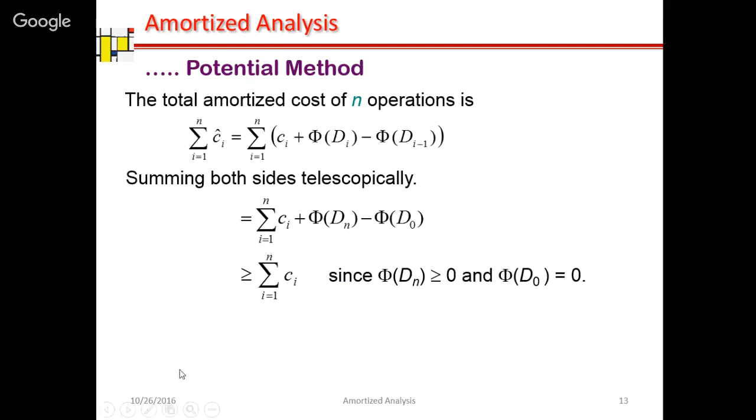So let's look at the equation again. The total amortized cost for n operations is the summation of the amortized cost from i equals 1 to n, which equals the sum from i equals 1 to n of the actual cost plus the difference between the operation data and the initial data.